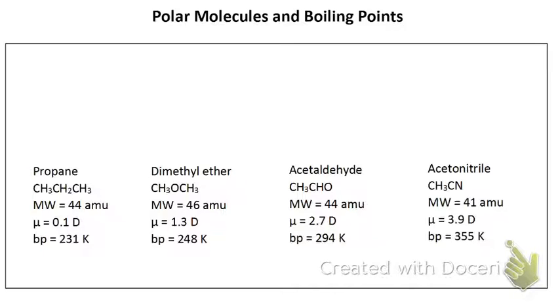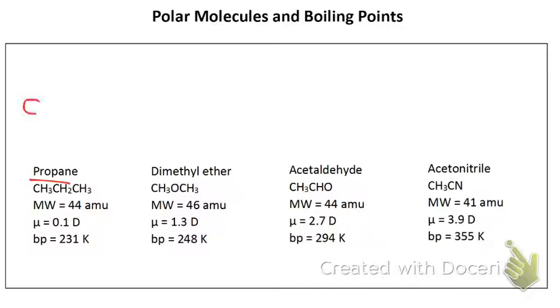But let's say you have some molecules that are polar, and they have pretty even molecular weights. Their molecular weights are essentially the same. Let's do a comparison. First, I'm going to draw some structures. I'll draw the structure of propane first.